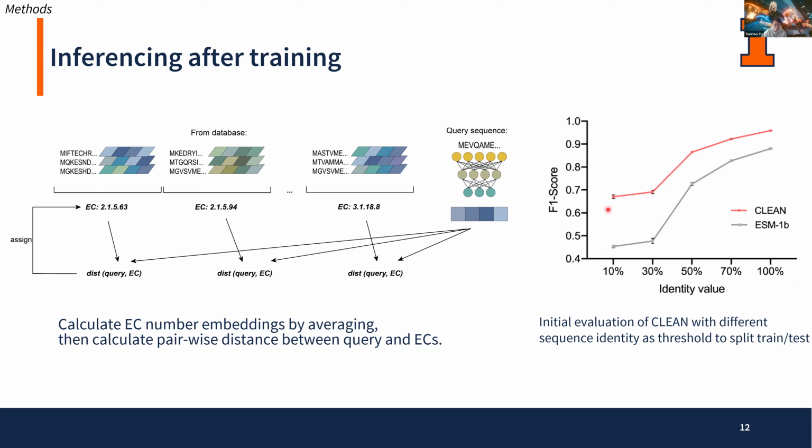In the comparison, the red one is the CLEAN result. ESM1b was used as a baseline to see how it compares if we just do this inference using ESM1b features instead of the CLEAN features. Essentially, it's a not very rigorous ablation study to show that the contrastive learning is actually useful.